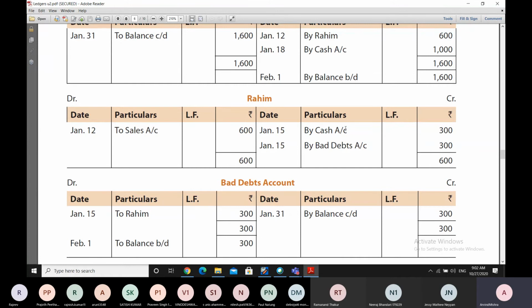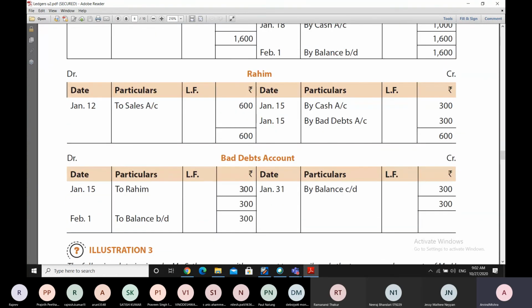And when he paid us 300 rupees, we debited the cash account and we credited Rahim's account by 300 rupees. And then he told us that he won't be able to pay the remaining 300 rupees. And when he said that, what we did was we credited Rahim's account. Okay, don't pay, we are crediting your account even without payment. And we debit the bad debt account. And this is our bad debt. So bad debt account debit 300, Rahim account credited 300 rupees.